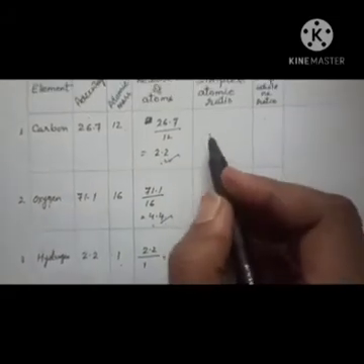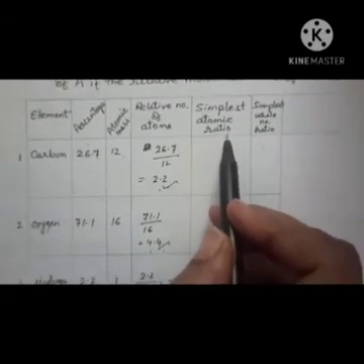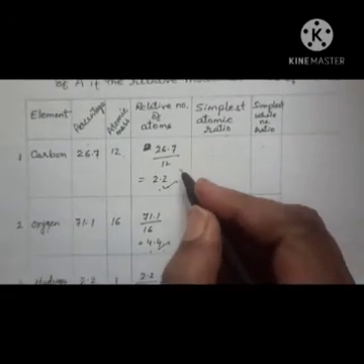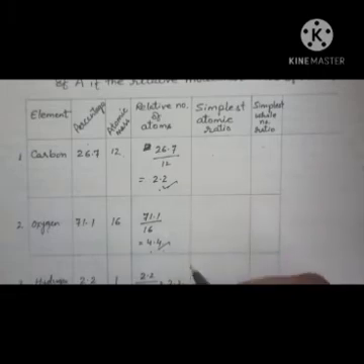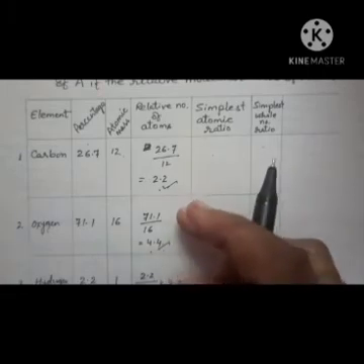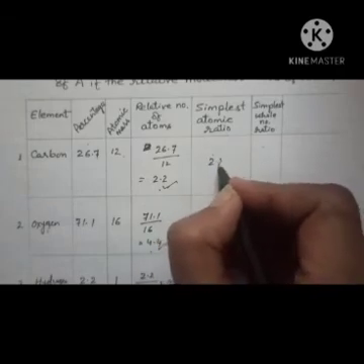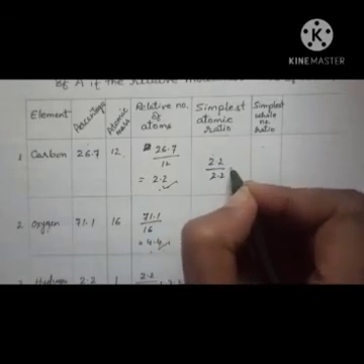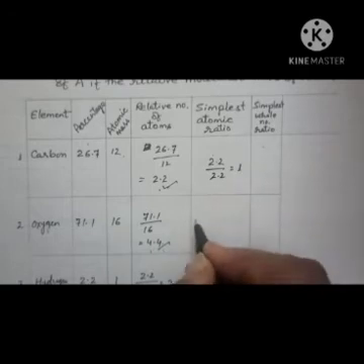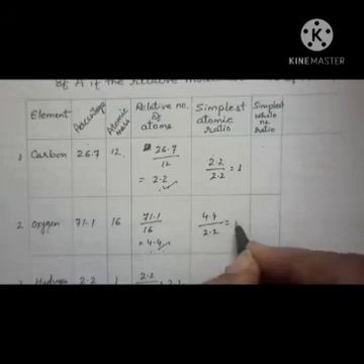Then you find the simplest atomic ratio, meaning by dividing all of these by the smallest relative number of atoms. So 2.2 divided by 2.2, what's your answer? 1. Here 4.4 divided by 2.2, what do you get?